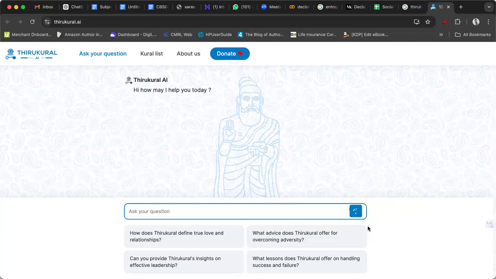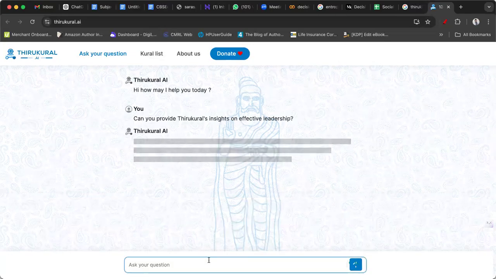Second question, just to ask: can you provide Tirukkural insight on effective leadership? The management activities and everything. You can ask finance, you can ask anything.